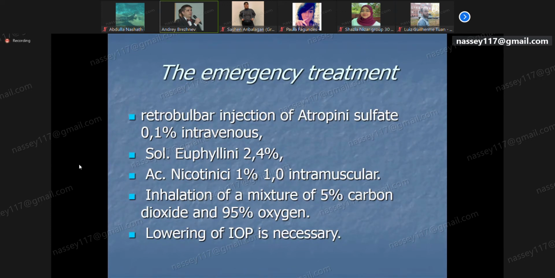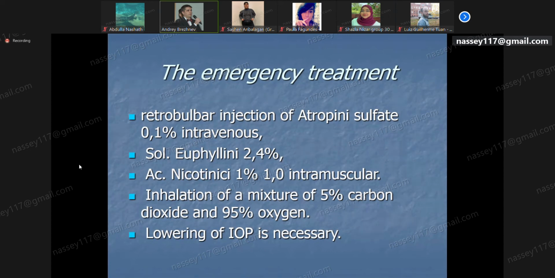Don't forget about it. The emergency treatment should include injection of vasodilators, for example, atropine sulfate for injections, 0.1%. Different other vasodilators like felinum, nicotinic acid, intramuscular.